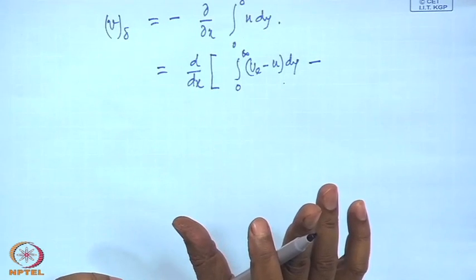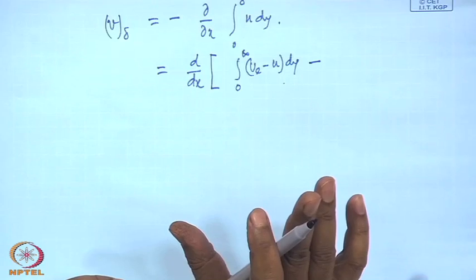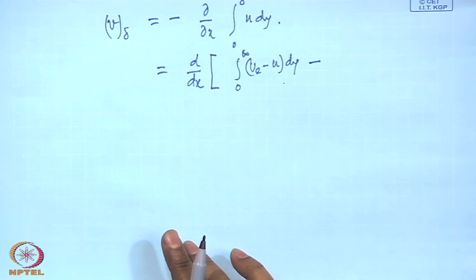Minus what? U E into, why delta? It is a constant, it is not delta. Where is delta coming?